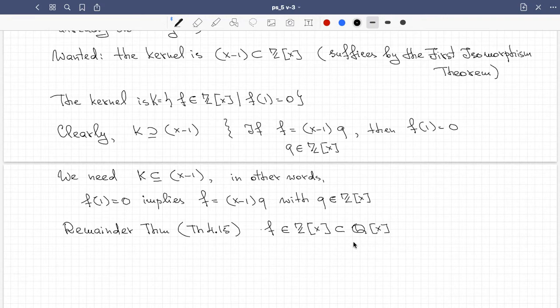Then I can apply the remainder theorem, which is kind of a combination of a little addition to Euclid's lemma.